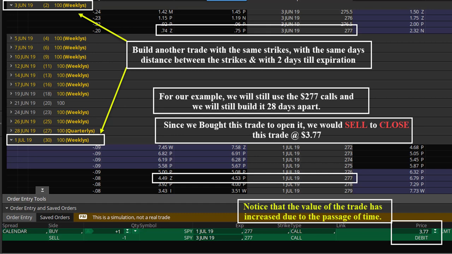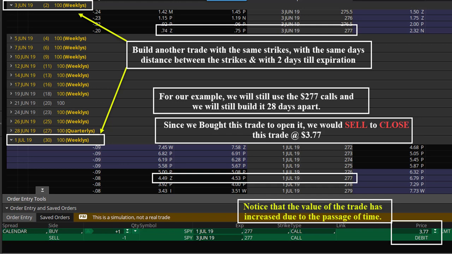Now I've gone and built another trade. I would build the same trade with only 2 days left until I could close the trade. So let's suppose I wanted to exit this trade with 2 days until expiration. I would then go and build the trade again with that expiration in mind. In this example, I built the trade using the June 3 277 calls and the July 1 277 calls.